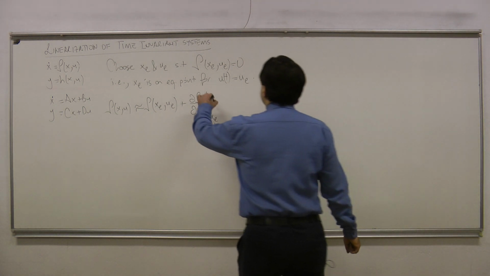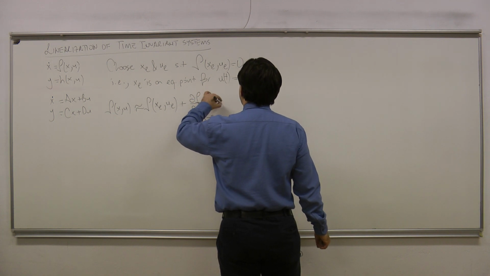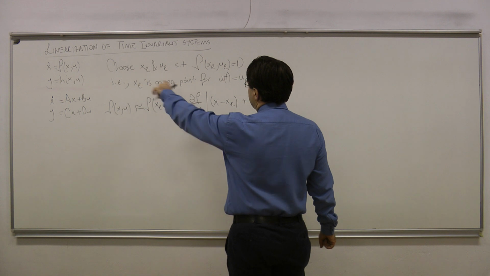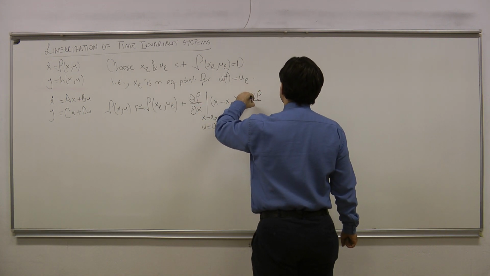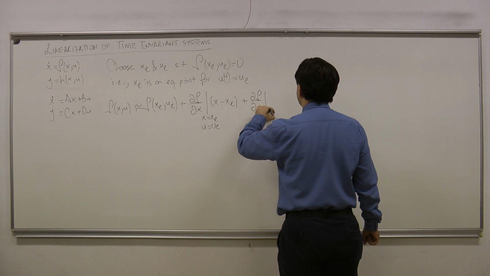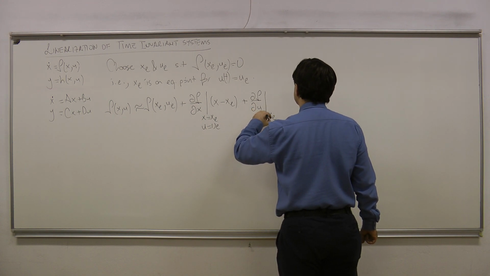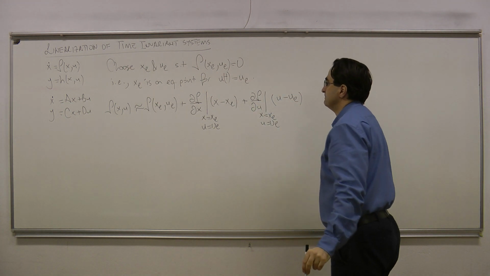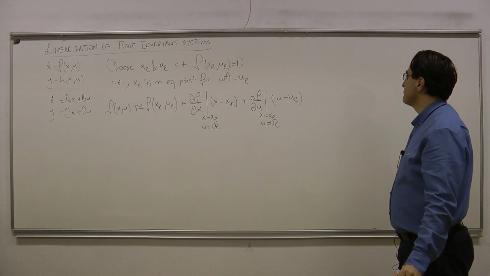And this is going to be multiplied by x minus xe, plus then I will add the Jacobian with respect to the input, del f over del u, evaluate the result at the equilibrium quantities, and I will write u minus ue.